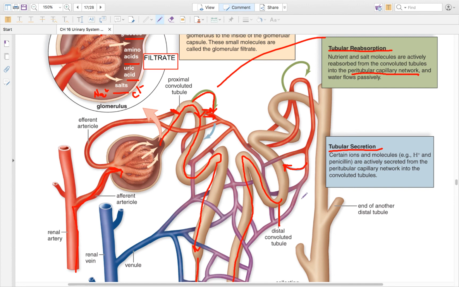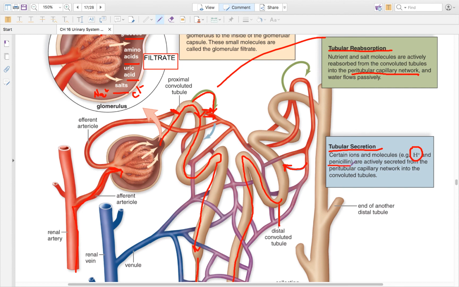So what kind of things would even go here, and how come they didn't join in over here in the filtrate? Well, they have their reasons. However, there are certain ions that are going to move through, like hydrogen ions, which are directly involved in regulating pH.